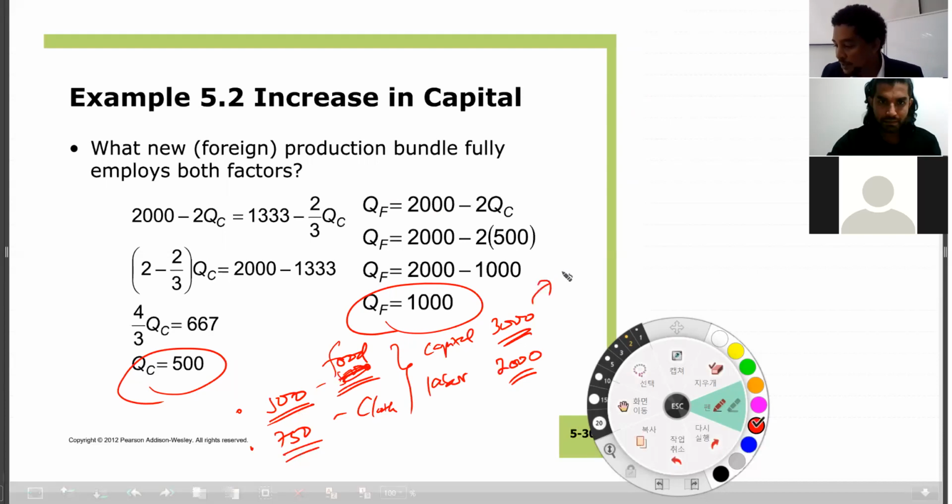But when we increase our capital by 1,000, making this 4,000, now you can see that production of food has increased from 500 to 1,000, right? Because it is capital intensive and we increased capital, okay? And you can see that clothes has decreased from 750 to 500, okay? Because we have said when we increase the production of one of the goods, the production of the other good will decrease. And since clothes is labor intensive, it is clear that the production of clothes will decrease, right?